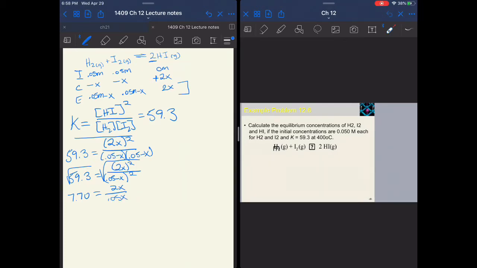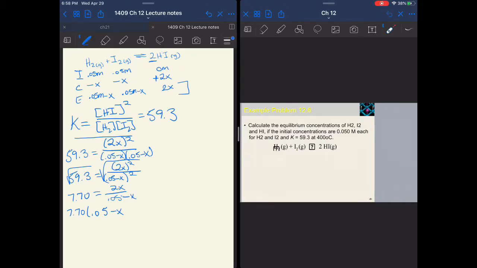And now it's a little bit easier algebra. We're just going to move some stuff around. So let's do that. 7.7 times (0.05 minus x) equals 2x. I'm sorry that I messed that up right here. Let me fix that.